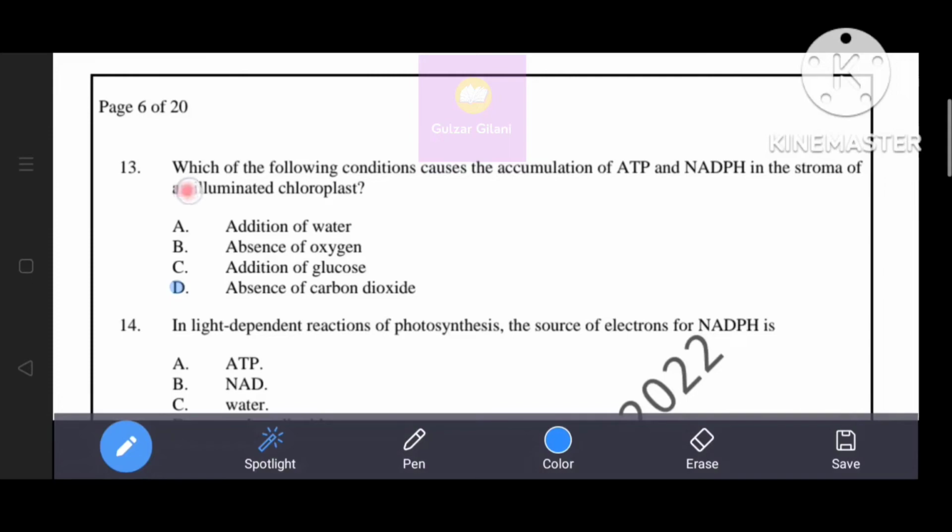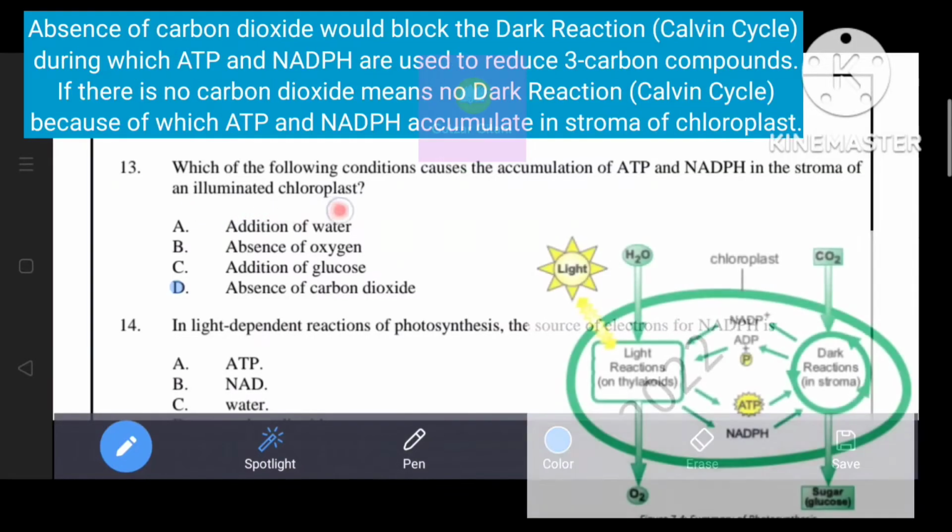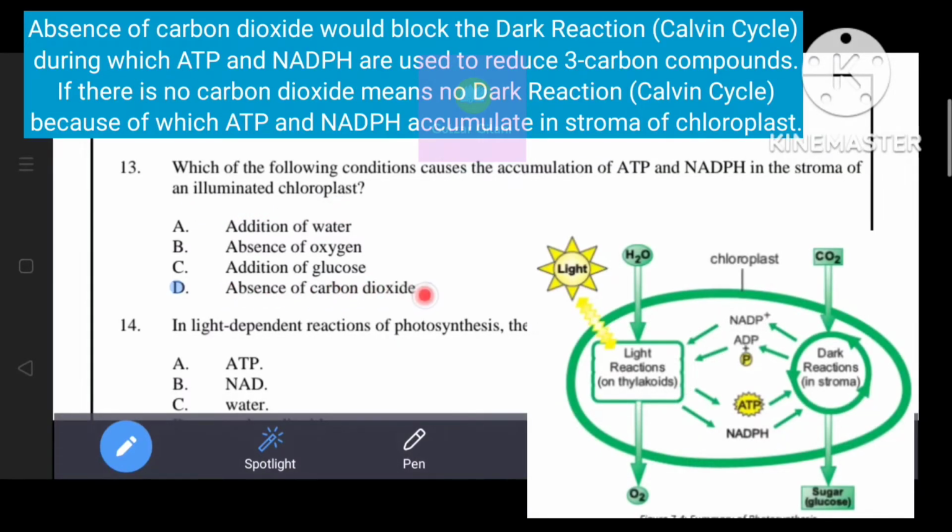Next question. Which of the following conditions causes the accumulation of ATP and NADPH in the stroma of an illuminated chloroplast? Absence of carbon dioxide would block the dark reaction, the Calvin cycle, during which ATP and NADPH are used to reduce 3 carbon compounds.